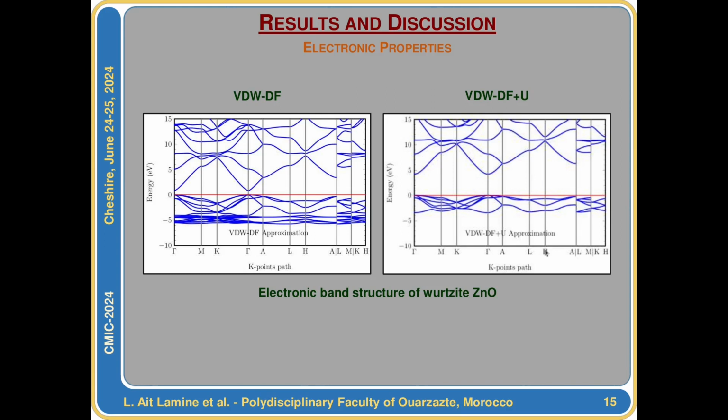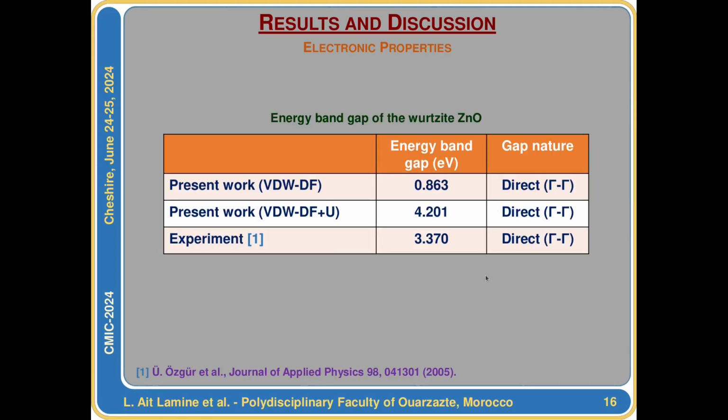I showed you in the previous slide, and the results of the electronic band structure without using Hubbard U. It can be clearly seen that the energy band gap has increased. So here we have a table that gathers the calculated energy band gap of both approaches in comparison with the experimental values. It is obvious that the consideration of Hubbard U parameters has improved the value of the energy band gap.